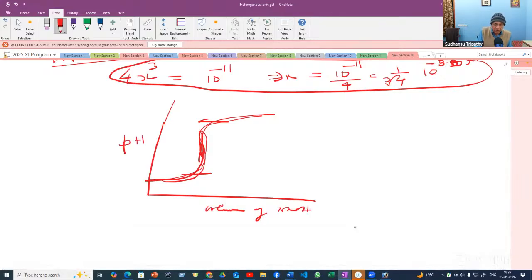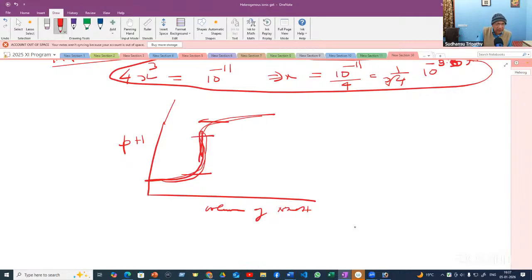So start from the acid only, which has a low pH value. Suddenly when the equivalence time comes, it will take a jump. So dpH by d volume of the liquid added will be 0 at the inflection point, which can be known by taking an indicator.